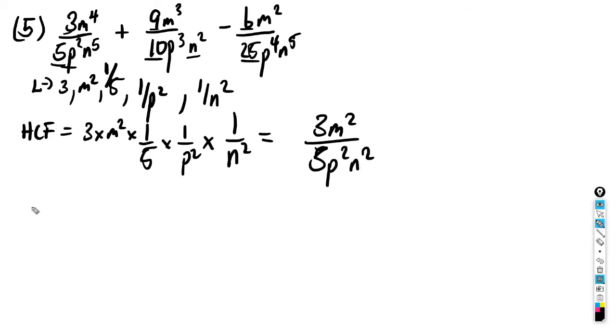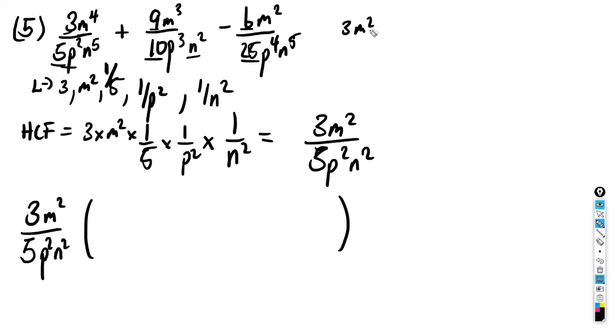Now, of course, since this is the factor now, we'll factor this out of the equation using the highest common factor. Then, of course, we're going to want the quotient in the brackets. So I'm going to divide these one by one to give you the vibe. The first one is 3m to the 4th over 5p squared n to the 5th.